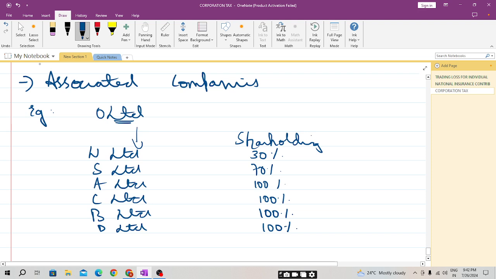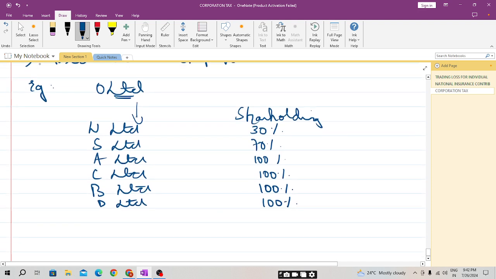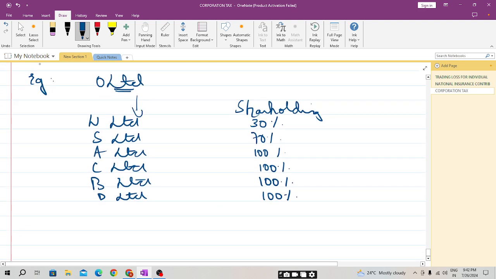Now students, we have further notes also. Let's take an example that O Limited sells A Limited on 30th September 2023.